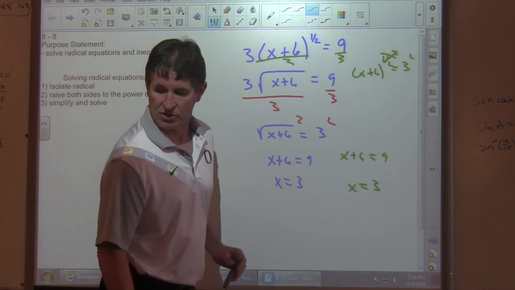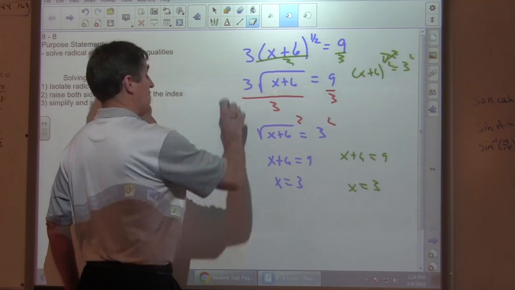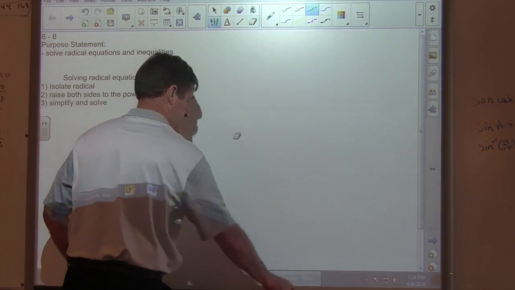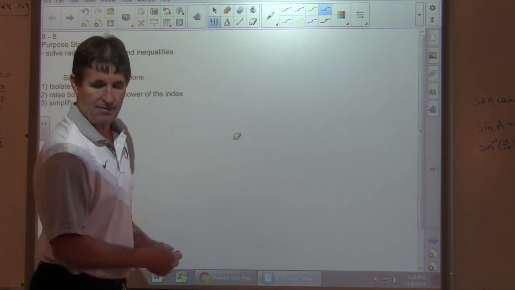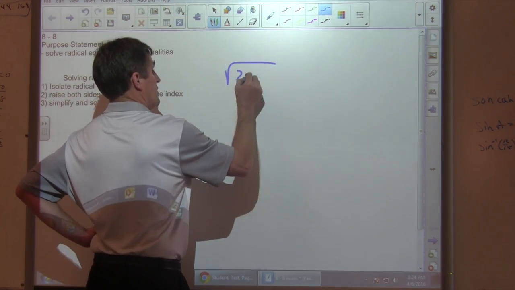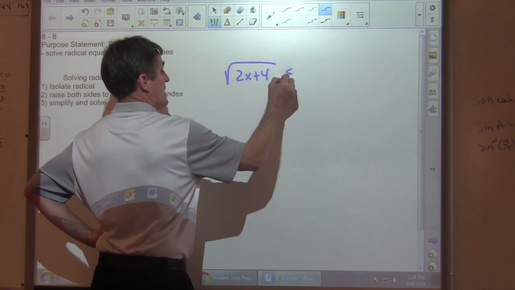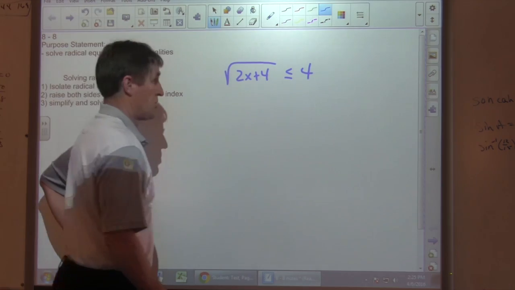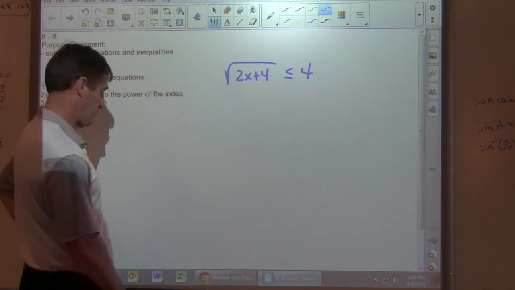Now, the last thing you're going to do is some inequalities. And this is where you have to be a little bit careful. So, if we have the square root of 2x plus 4 is less than or equal to 4, we do the process the same as if it was an equal sign.